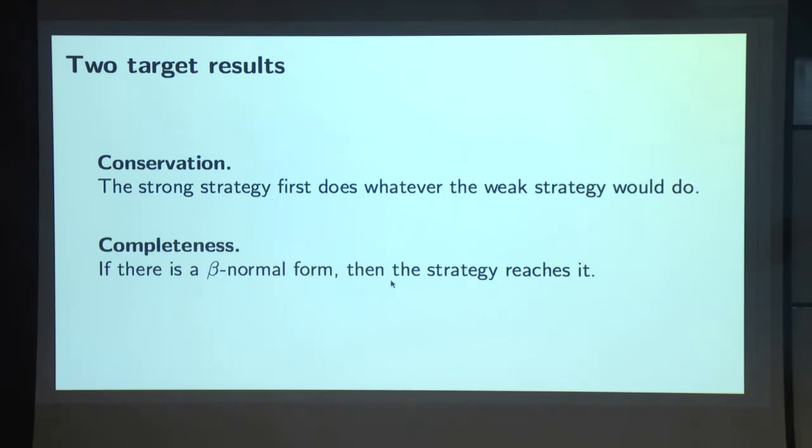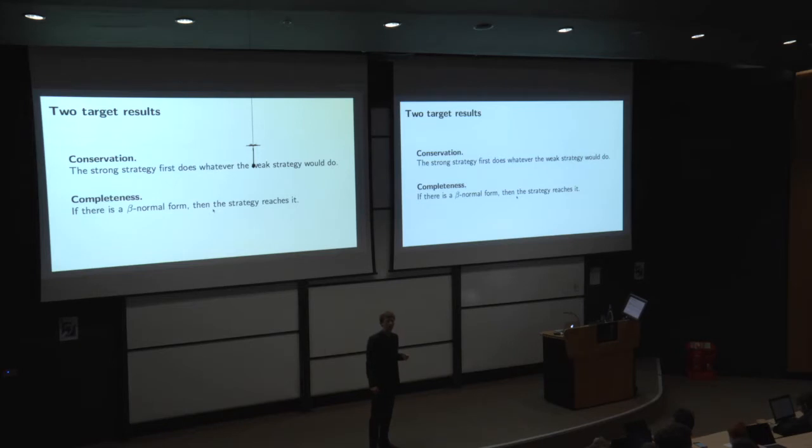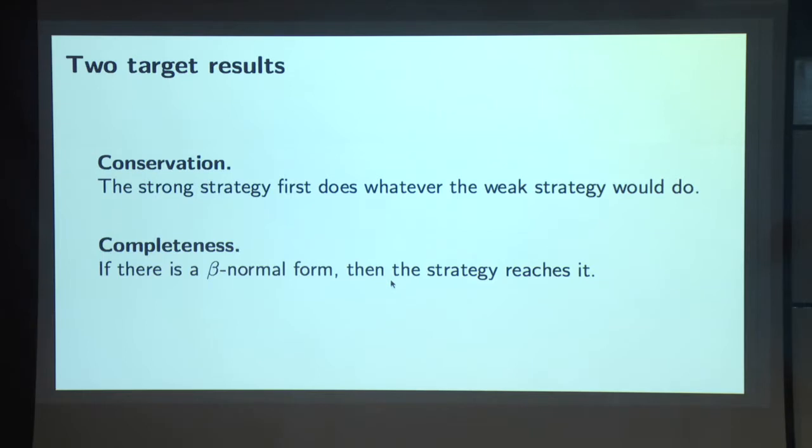And only in the cases where the usual strategy does not say anything, we might invent something new to go on with computation. The second theorem we want is a theorem of completeness with respect to beta reduction. That is, as soon as your lambda term admits a normal form, then the strategy will find it. Even if there are some ways of diverging, the strategy will not fall in this kind of trap.